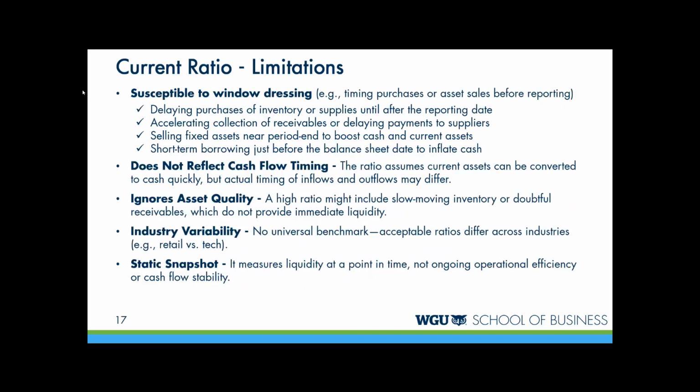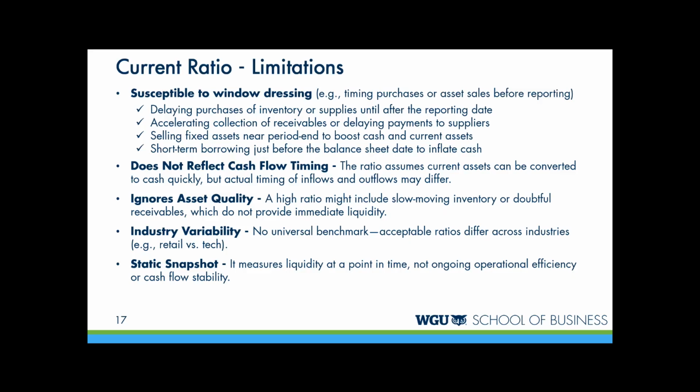Okay, so there are some limitations to our current ratio. And you're going to hear this term window dressing used throughout this session and through the course. It ties back to the whole notion of manipulation. Just like firms can manage or manipulate earnings, they can also, to some extent, manage or manipulate the values of these ratios, such as timing purchases or timing the sale of assets before they actually report things.